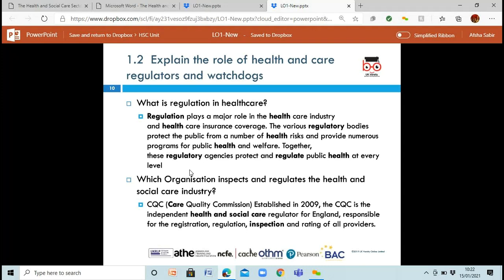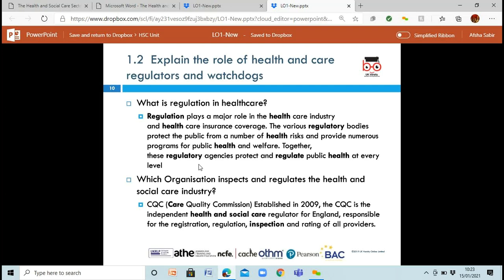Regulation plays a major role in the health and care industry and healthcare insurance coverage. The various regulatory bodies protect the public from a number of health risks, and they provide numerous programs for public health and welfare. Together, these regulatory agencies protect and regulate public health at every level.